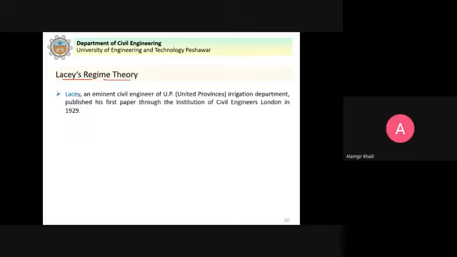Next we study Lacey's regime theory. Lacey, an eminent civil engineer of the United Provinces Irrigation Department, published his first paper through the Institution of Civil Engineers, London in 1929.